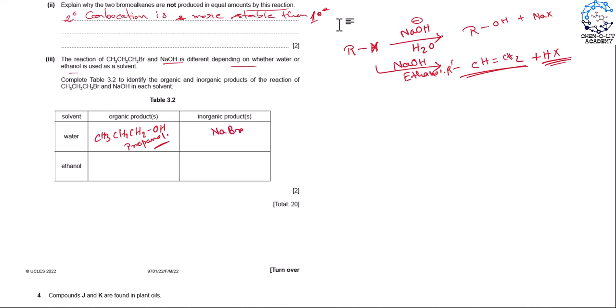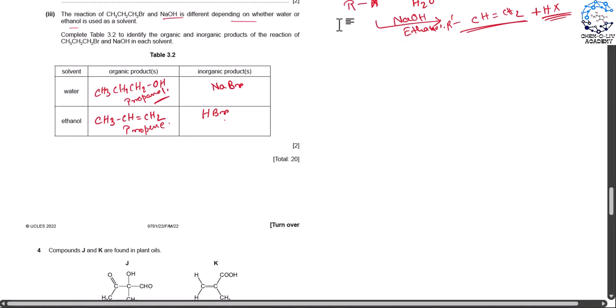Now, in presence of ethanol, there will be a double bond instead of OH, CH3CH double bond CH2, so propene, and then the inorganic product is HBr and water. So HBr is your inorganic product. So this is the answer for this question.